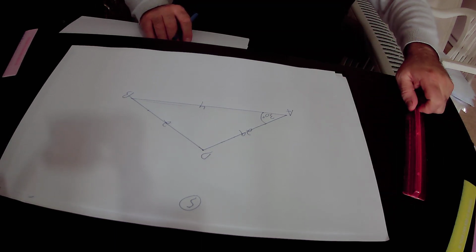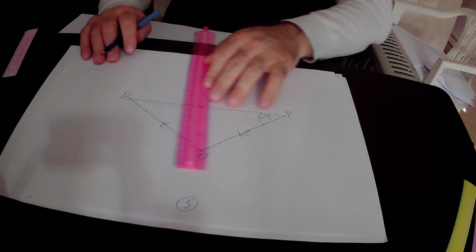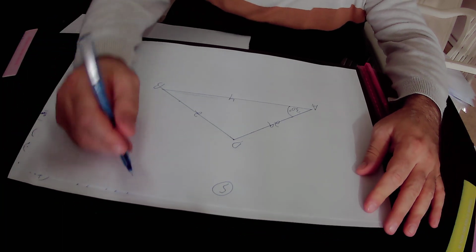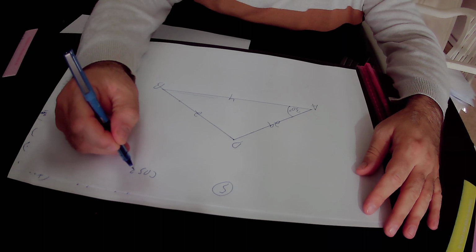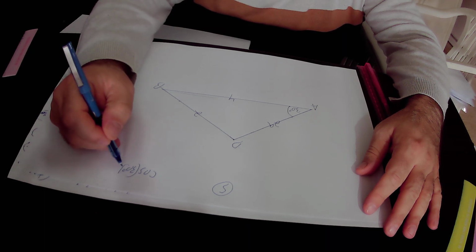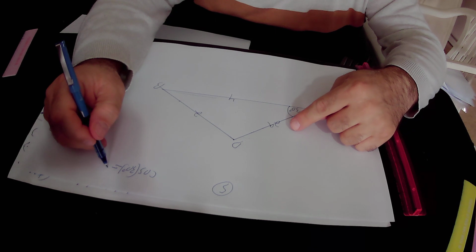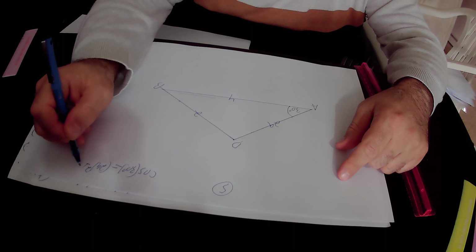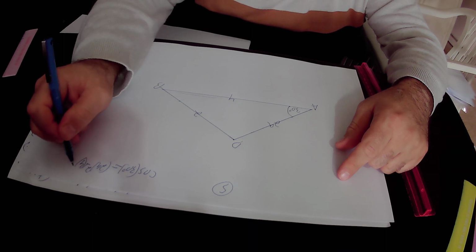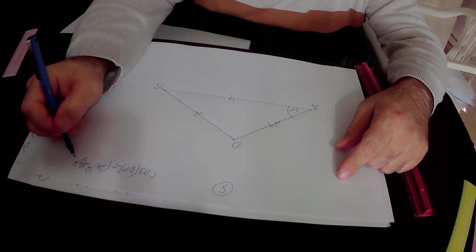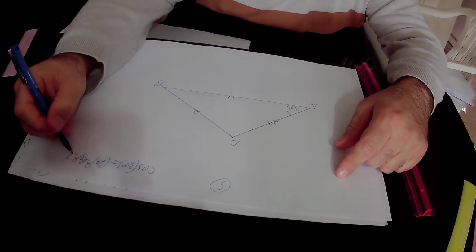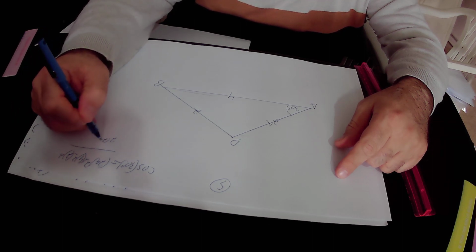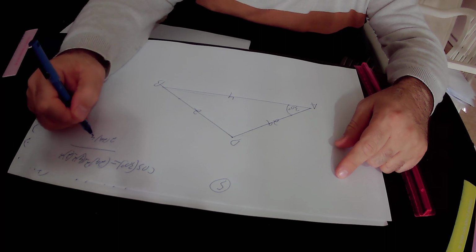So this is triangle ADB, and according to the law of cosines, cosine 30 degrees equals (2A) squared plus 4 squared minus 2 squared, over 2 times 2A times 4.